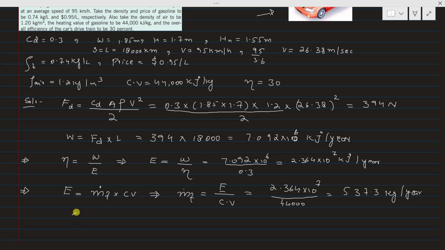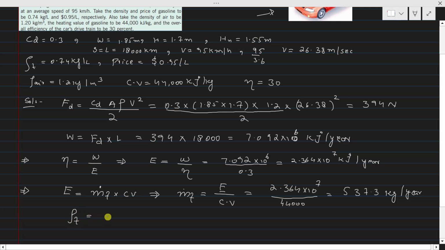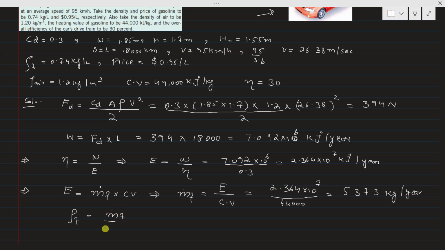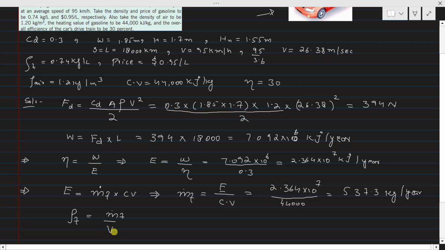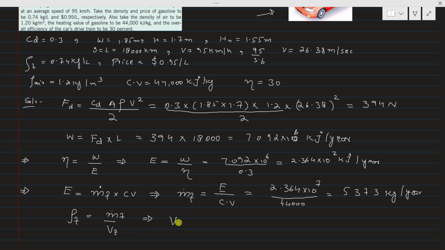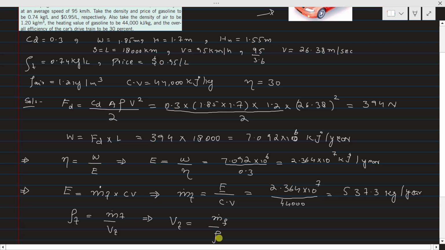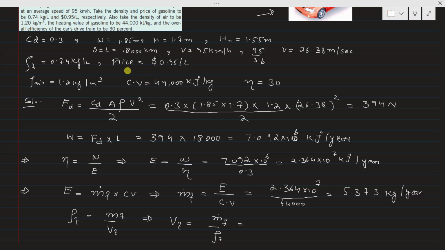So the mass density of the fuel is equal to mass flow rate of the fuel divided by its volume flow rate of the fuel. So we are interested to find the volume flow rate of the fuel, and we can say that volume flow rate is equal to mass flow rate of the fuel divided by density of the fuel, because the unit price of the fuel is given per liter in volume.